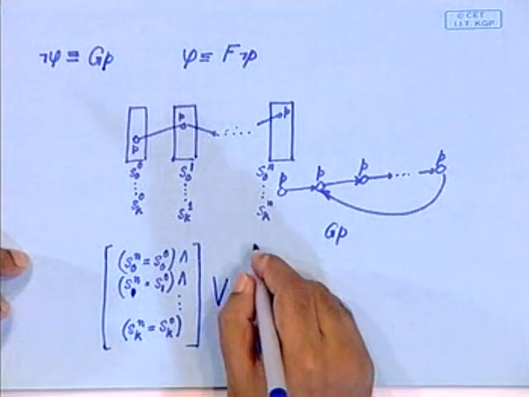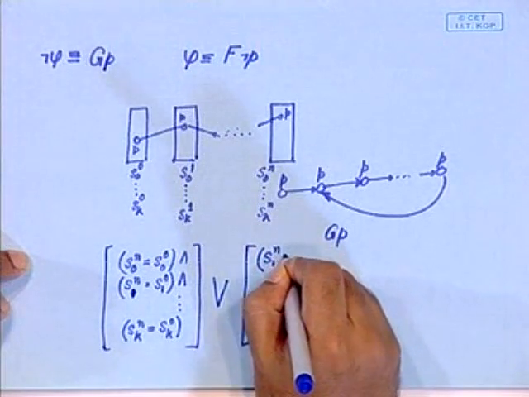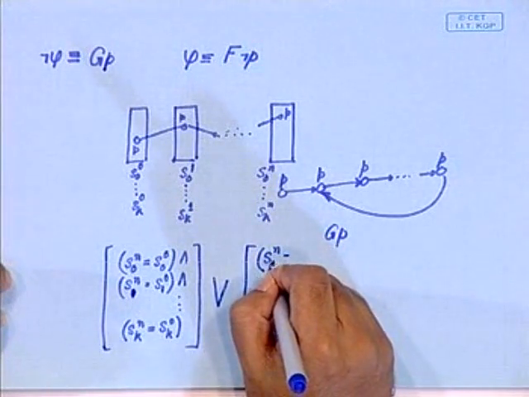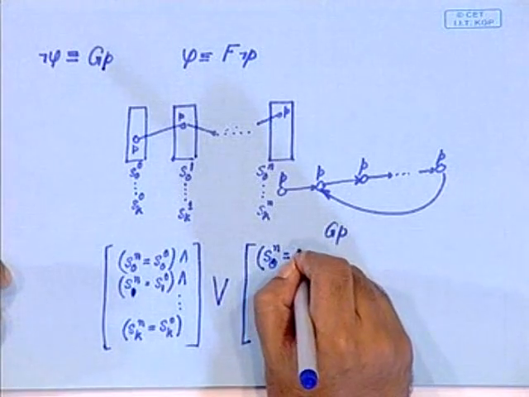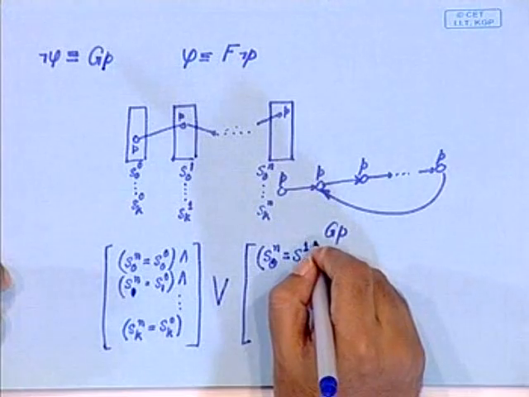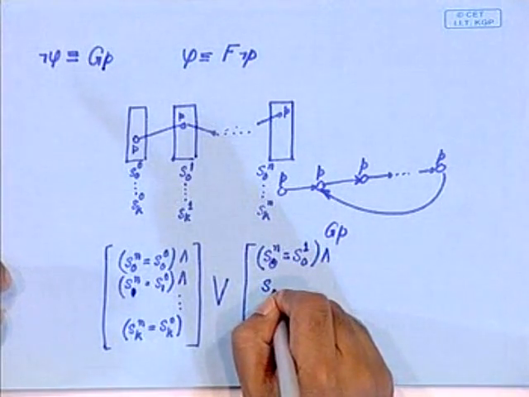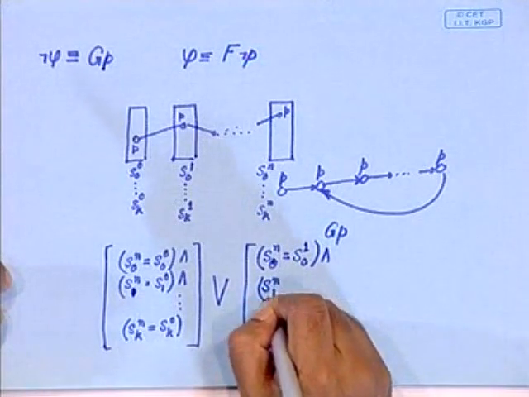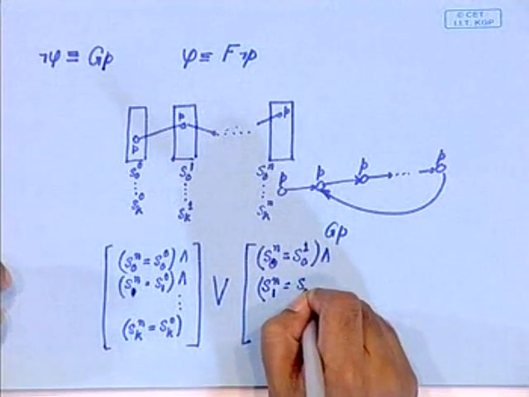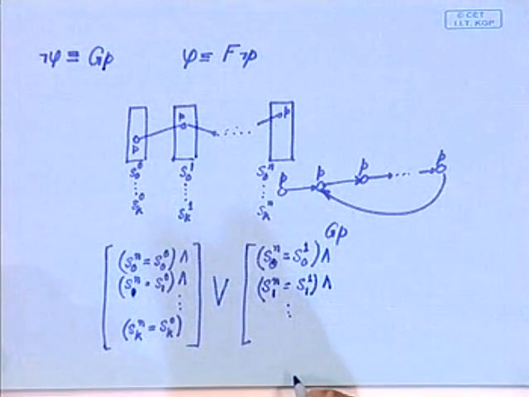Or, S0n equal to S01 and S1n equal to S11, and are you getting it?